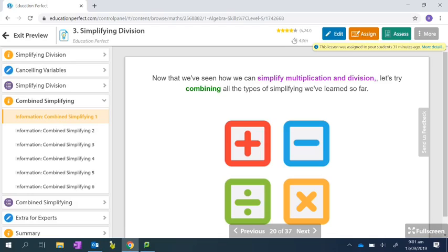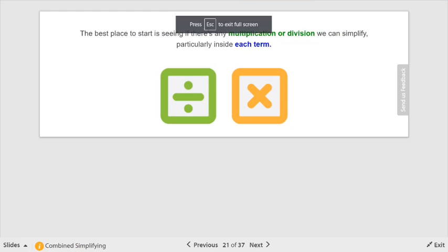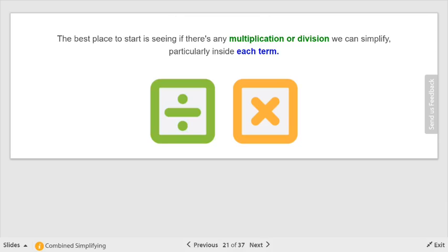So now we've done multiplication and division. Let's start doing some together. Make sure that the first thing you do is always pay close attention to what operation you're dealing with. No matter what your question is, it should be what operation?